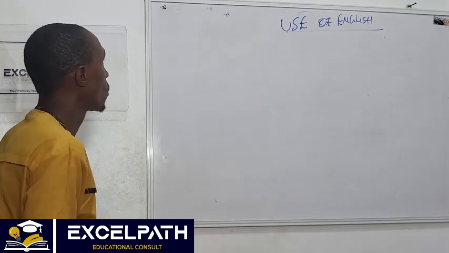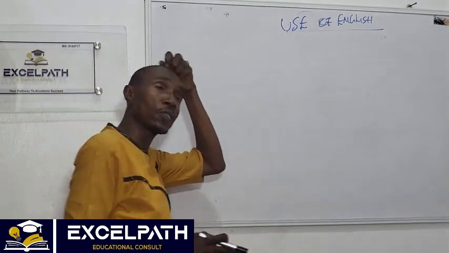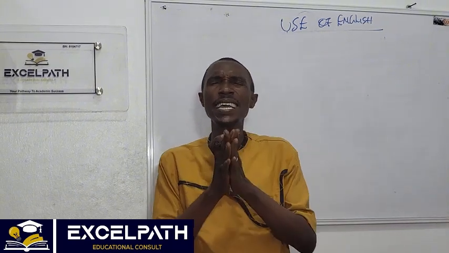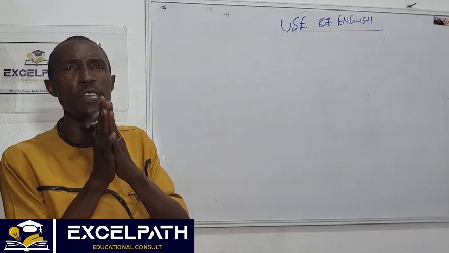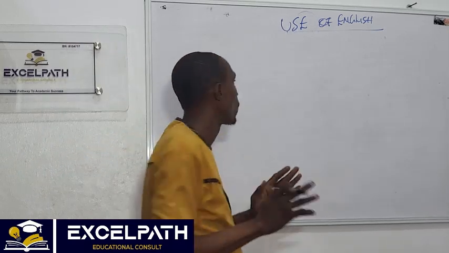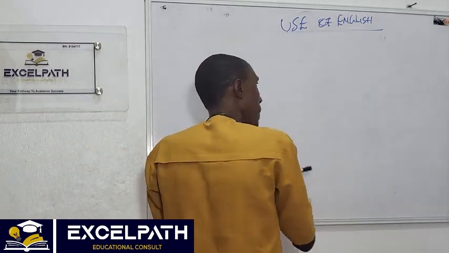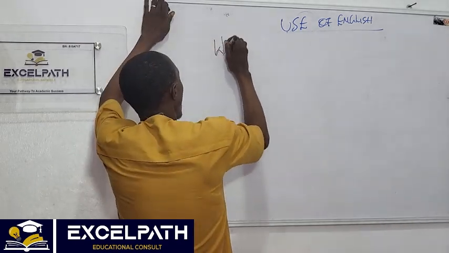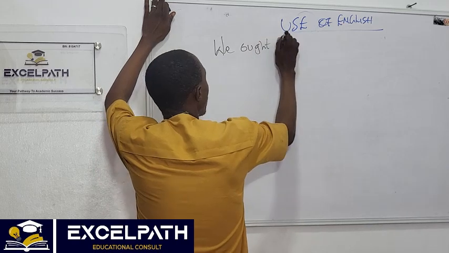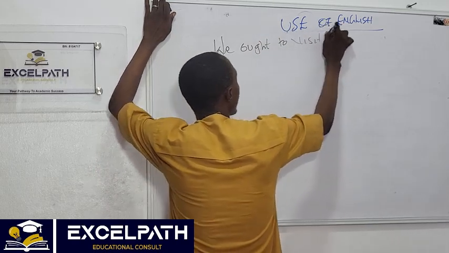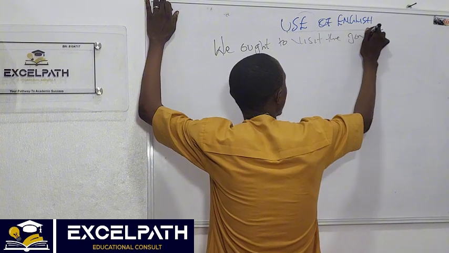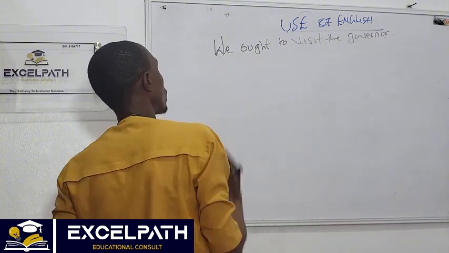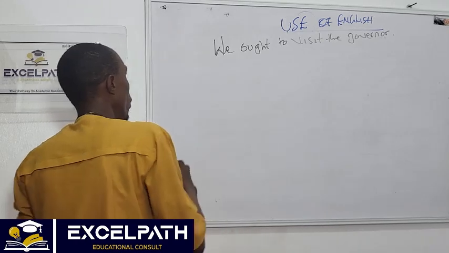So that's it. No matter how the question comes, just ensure that you follow the 5 principles given to you. Take for instance, there is a question like this in JAMB. They said, we ought to visit the governor.